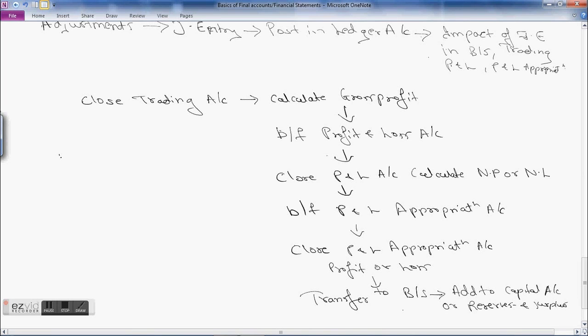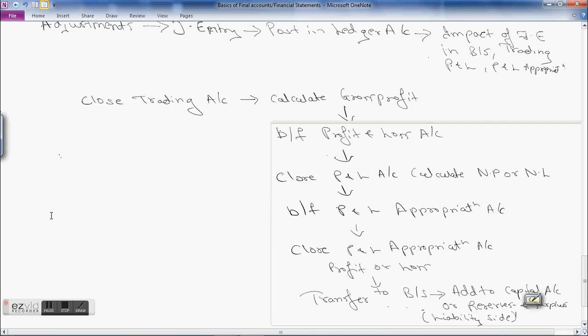Reserves and surplus is a group on the liability side of the balance sheet. We need to either add or reduce it depending on whether it's a profit or a loss. So this is how we prepare our final accounts, the basic steps of preparing final accounts.